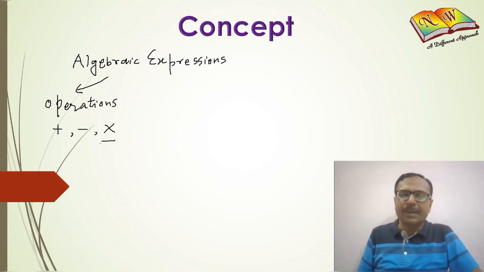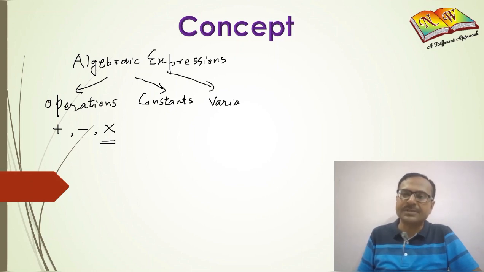So this multiply sign, although you don't find anything drawn like a cross, you will have multiplications in the algebraic expressions. Likewise, you have some constants, that means numbers, and some variables which are literals, that means alphabets.